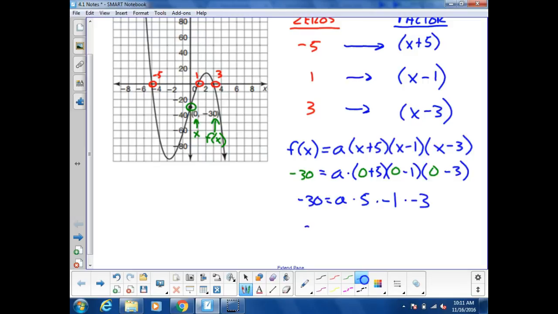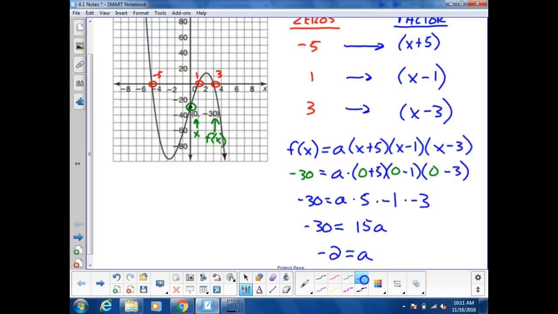So negative 30 is equal to 15a. I have no idea how you got negative 750 out of there. I put the negative 30 in the A spot. Okay. All right. Now what? Divide both sides by 15. So I get negative 2 equals A.